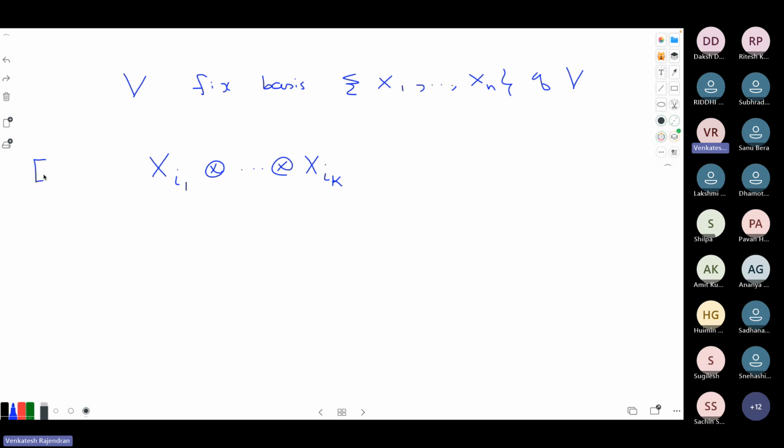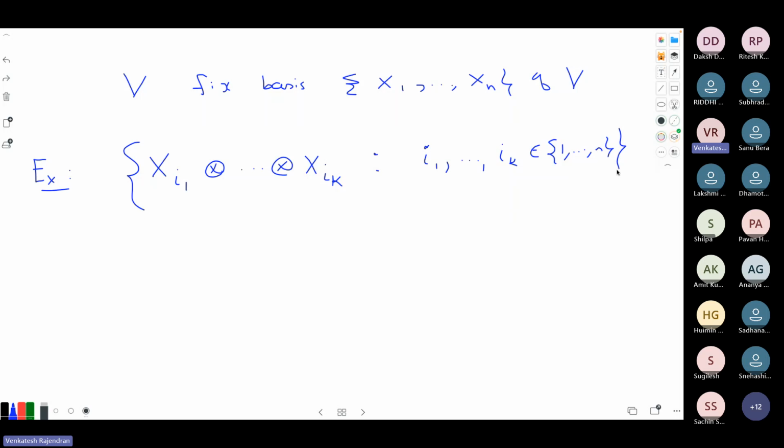It is a fact, maybe you should do it as an exercise, that you run over all possible such tensors, where i1, etc., ik are indices that come from 1 to n. They are not ordered, so it could be in any order, and the only condition is that they come from 1 to n, because we have fixed the basis of V to be x1, etc., xn.